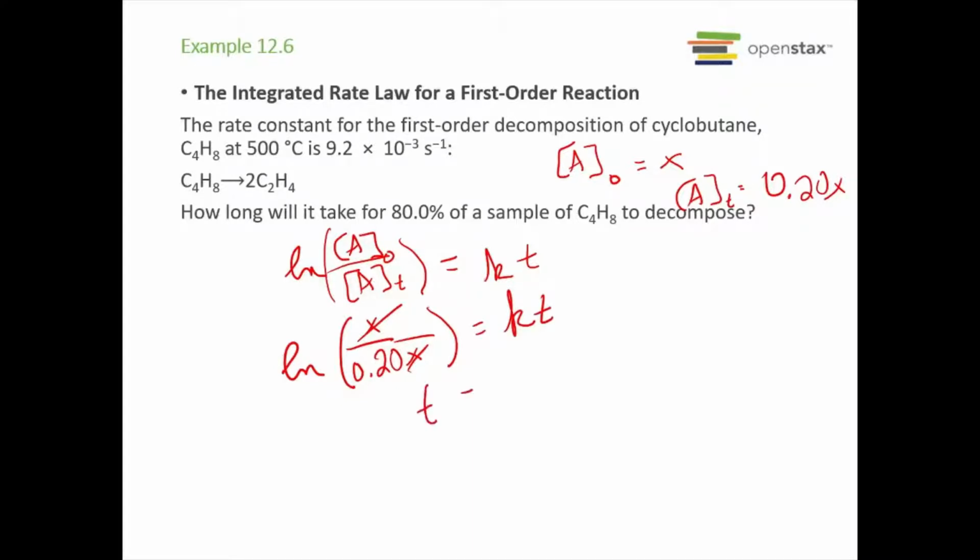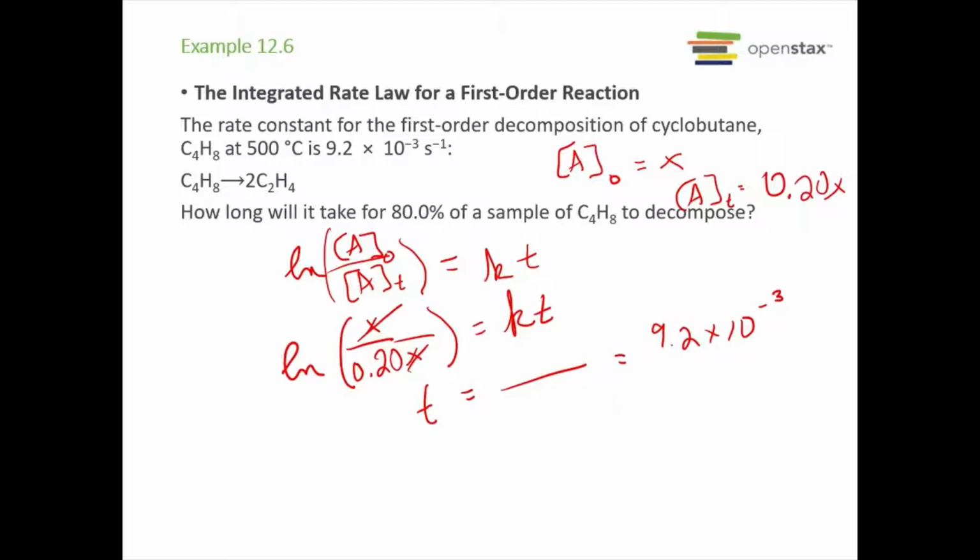So t now is equal to k divided by the natural log of 1 over 0.2. And that gives us 9.2 times 10 to the negative third. Oops, I'm sorry.